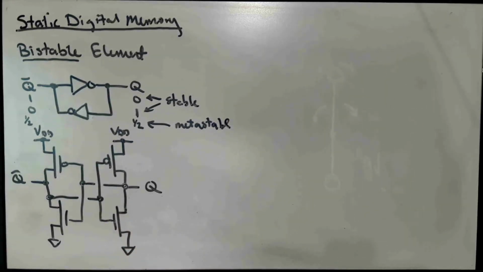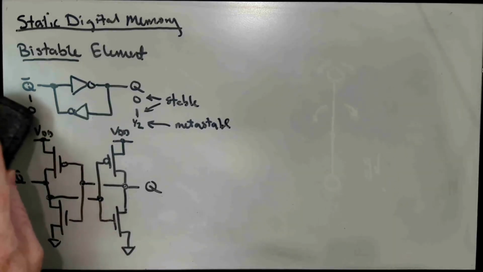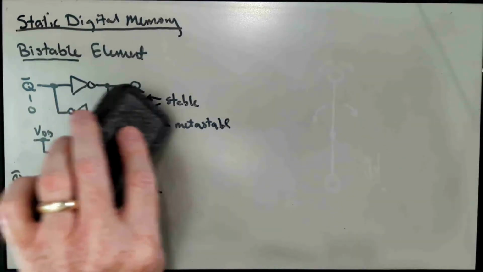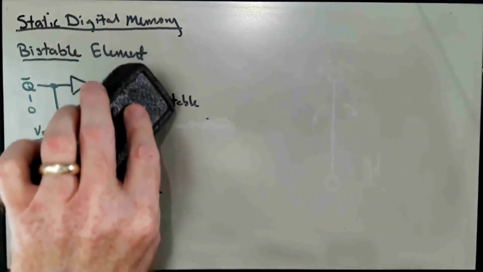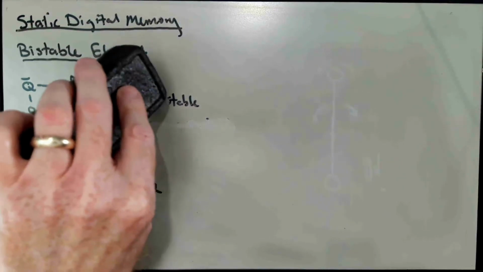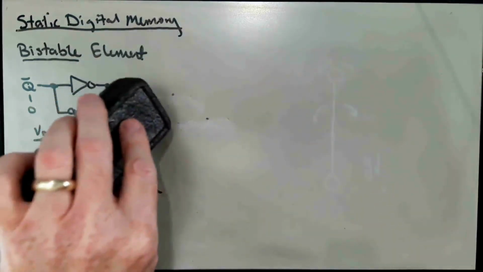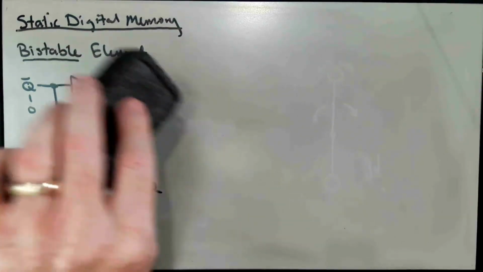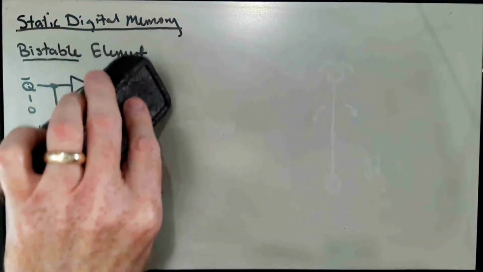So eliminating metastability is a key issue in synchronous digital systems. But we're not going to talk at length about that. You can look up the metastability problem for digital systems if you want to know more about it.